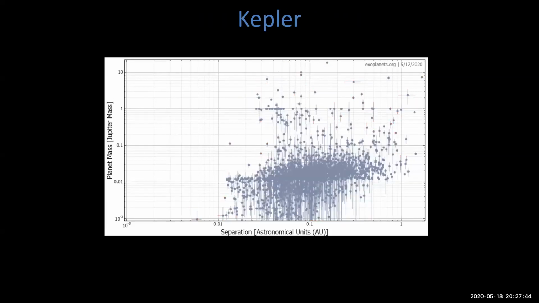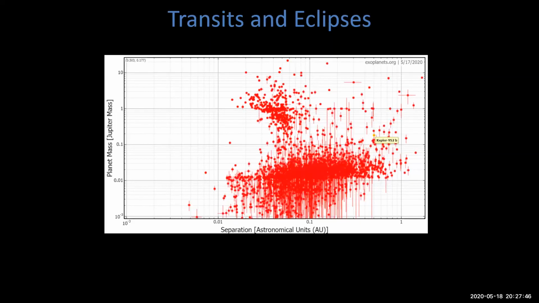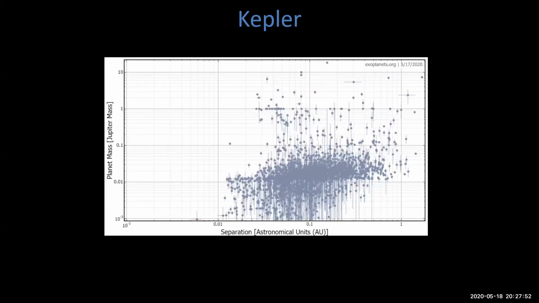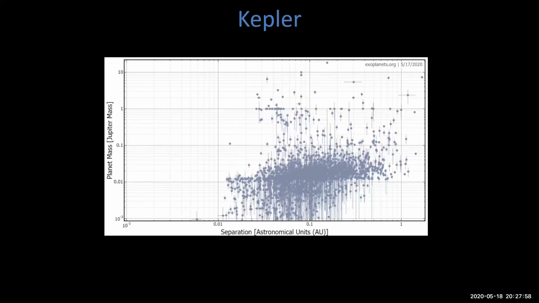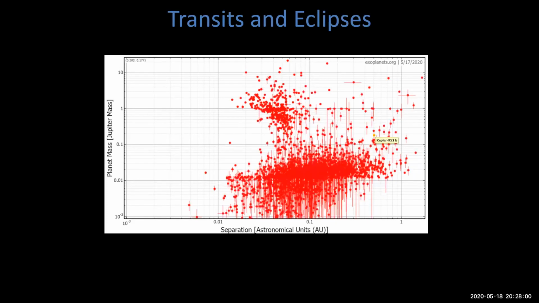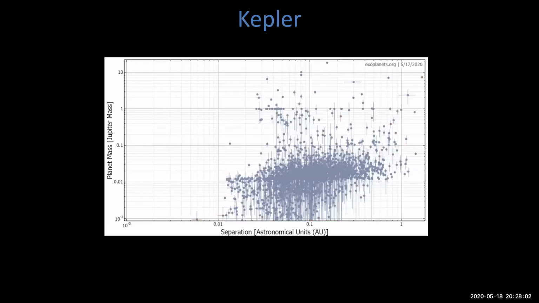So you can see that Kepler did basically all the work. There were other ones, but Kepler was super critical in determining the locations and nature of the vast majority of transiting exoplanets.